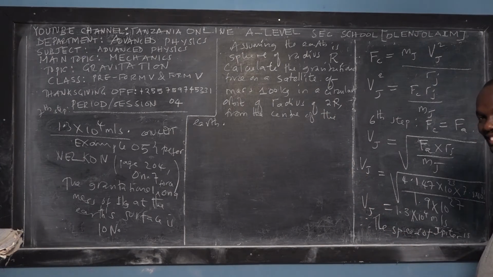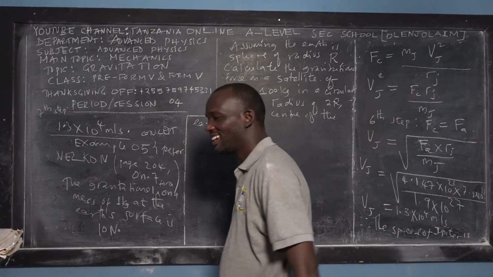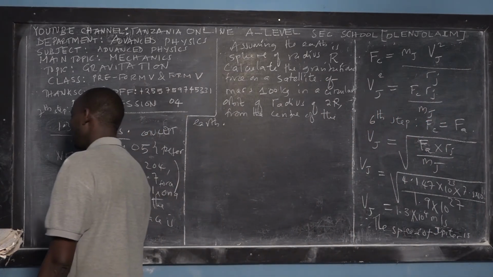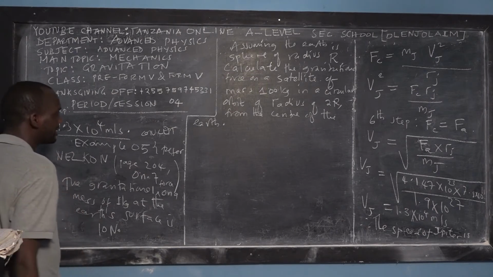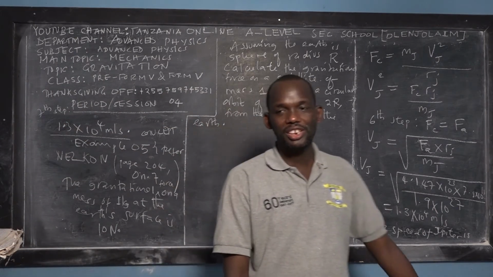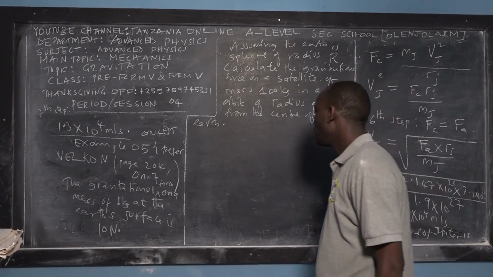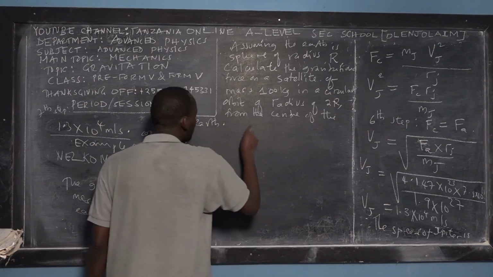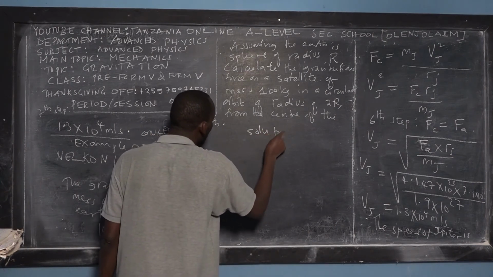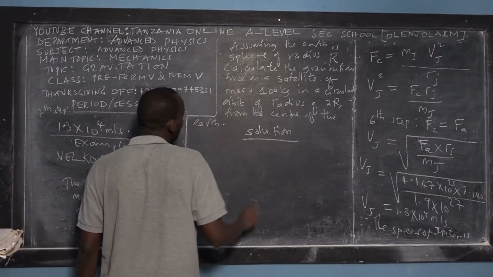How do you solve it? Think a minute and try yourself first. Pause the video, try the question, and after you've tried, continue looking at the solutions and check yourself if you understand or you don't understand.